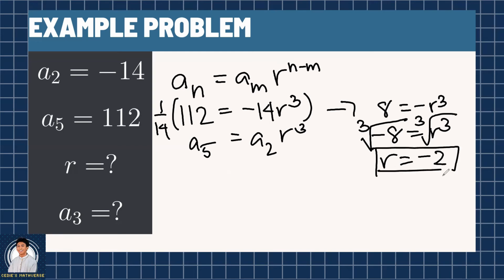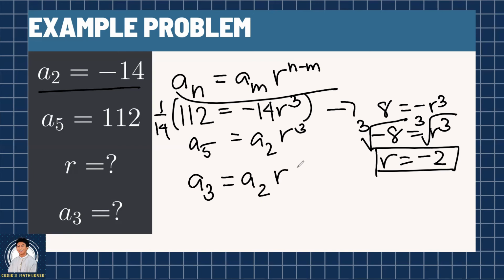And then, to get a sub 3, we will just plug in a sub 2 and use this same generalized formula. A sub 3 is equal to a sub 2 multiplied by r raised to quantity 3 minus 2, which is just r raised to the first power. So, a sub 3 equals negative 14 times negative 2, which is 28.